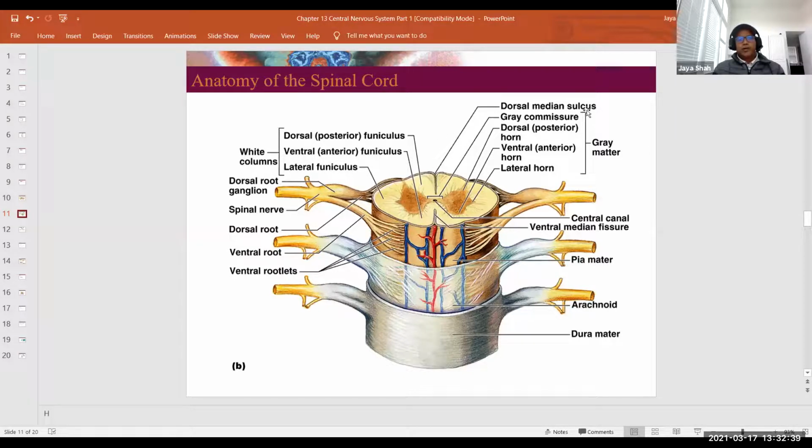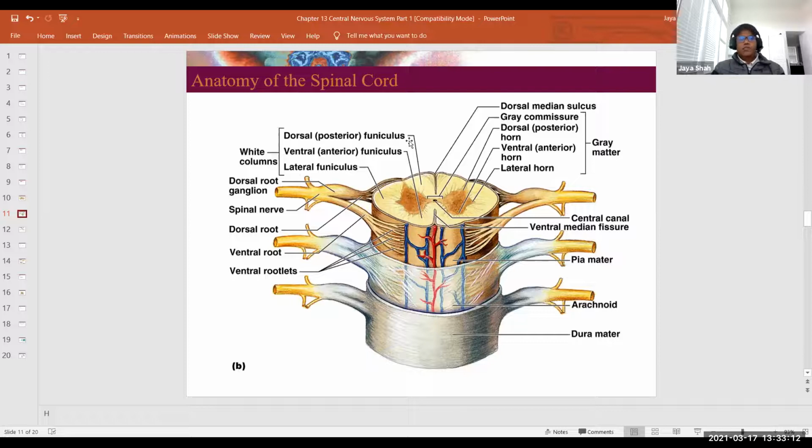So you have the dorsal median sulcus, and this is deeper, so we call it the ventral median fissure. If you see your brain, the fissure is anteriorly more pronounced compared to posterior, because posteriorly we have the cerebellum. So anteriorly is the fissure and posterior is the sulcus. To remember, I'm just making a connection. So first, let's see the columns. White columns: dorsal or posterior column.